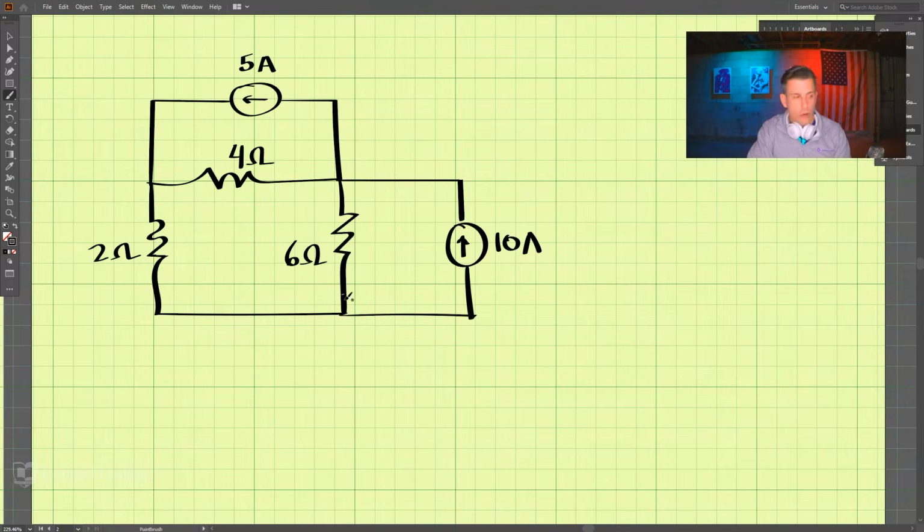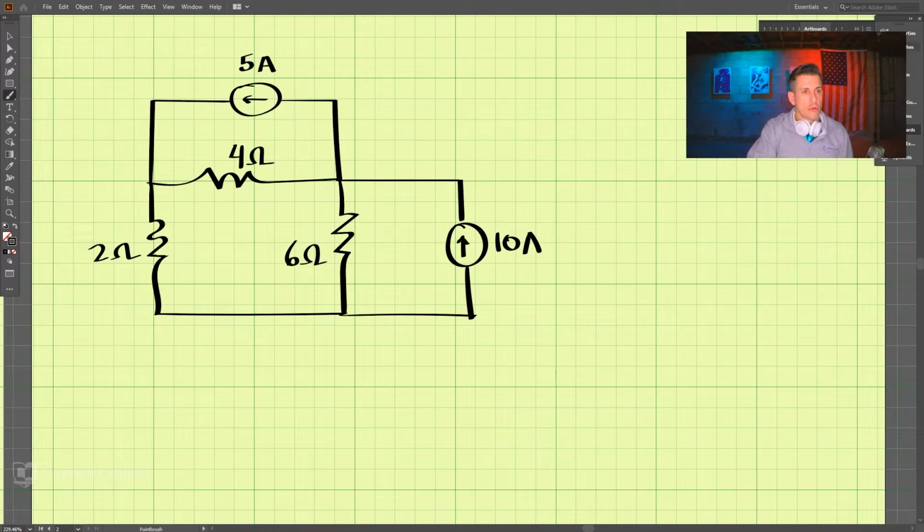And so we want to do nodal analysis on this. Nodal analysis is good when we know current here. So we need to first select, step 1, select a reference node.